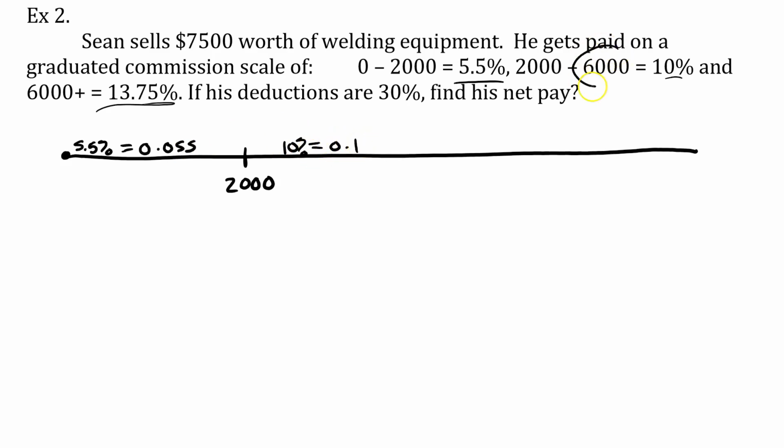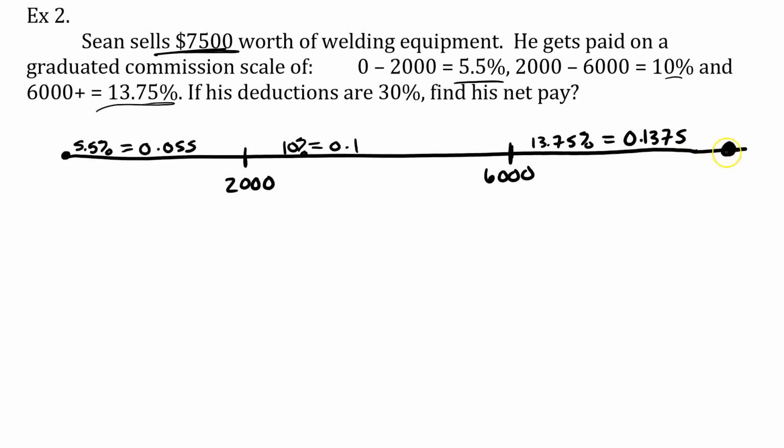And then the second place that it changes is at 6,000. So I'm going to have here 6,000, where it changes from 10% to 13.75%, which is the exact same thing as 0.1375. And we notice that Sean sells 7,500.